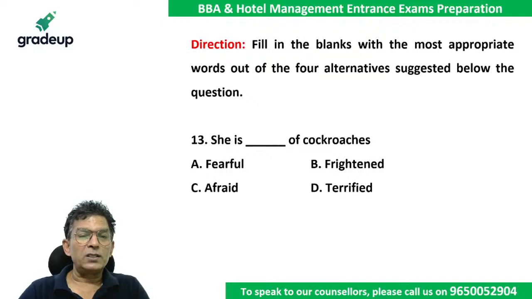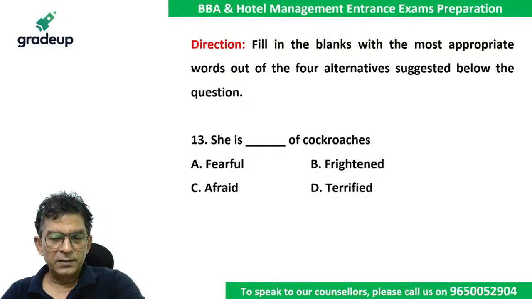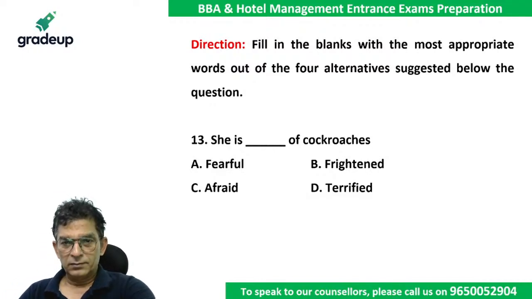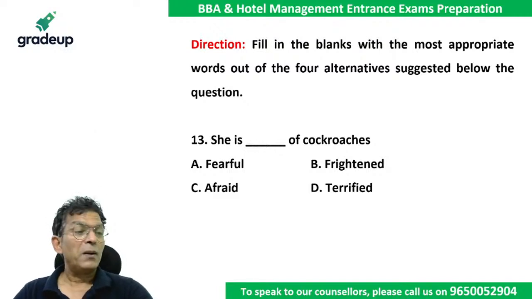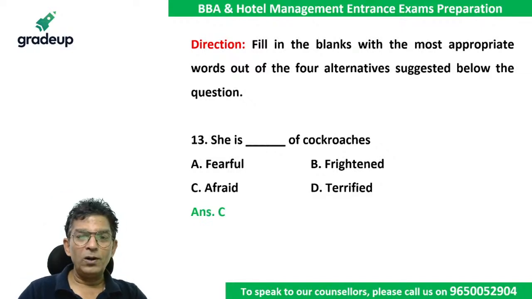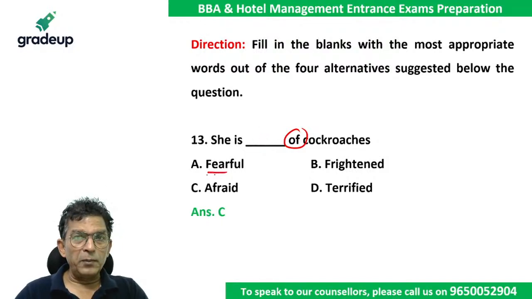Okay. Now 13. She is dash of cockroaches. She is fearful, frightened. Afraid. But sir, all the words look similar. How do we decide? It is the preposition. I am fearful.